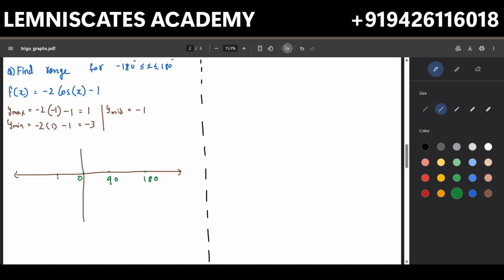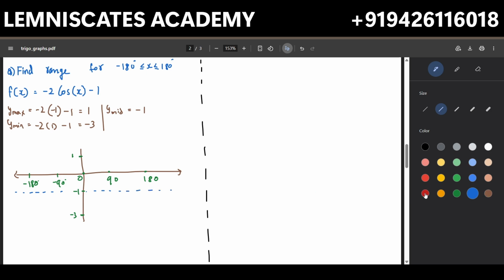Similarly, -90 degrees and -180 degrees. After that, you can plot the maximum value is 1, middle value is -1, and the minimum value is -3. You can draw a dotted line over here for the middle value.